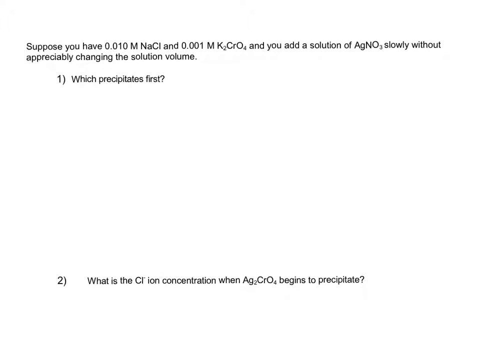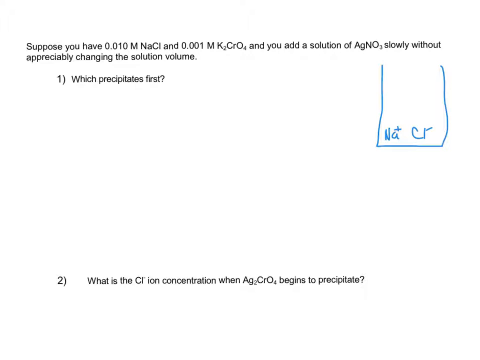So let's first figure out what could precipitate before we figure out what could precipitate first. So we have a beaker. We have NaCl, so let's dissociate the ions so it's a little bit easier to look at. So we have Na+, we have Cl- from the NaCl.